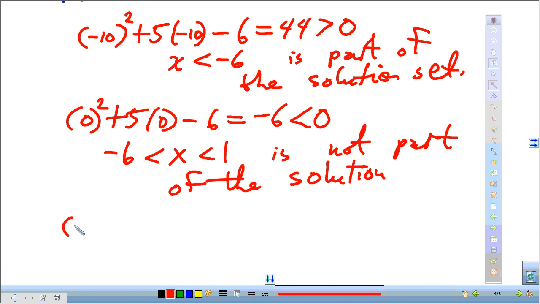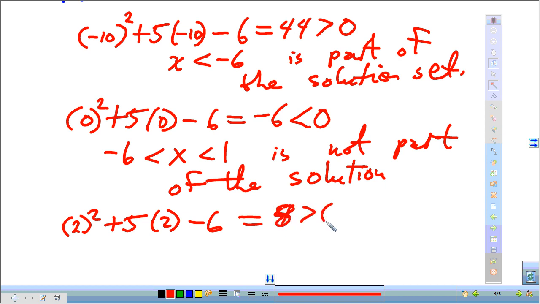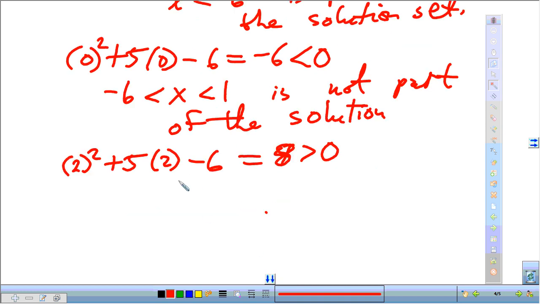And then I tested the last interval at a choice of 2. So I get 4 plus 10 minus 6. It looks like we get 8. In any case, is bigger than 0 again. So x bigger than 1, and that was my choice of 2 in that interval, is another part of the solution.